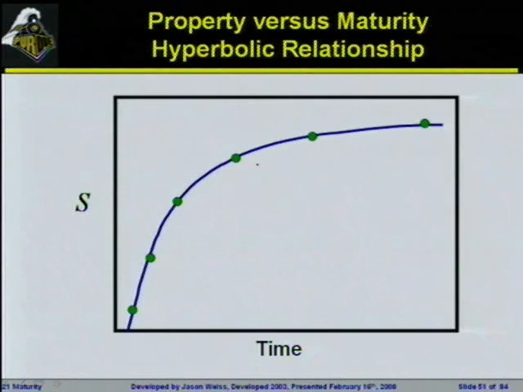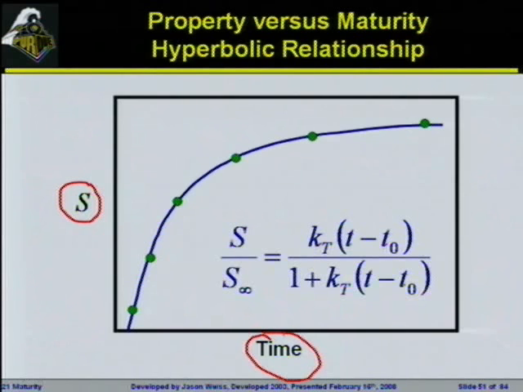Here's a fit of the hyperbolic equation to a few different points. Again, you can see the strength term on our y-axis, time plotted on our x-axis. The hyperbolic equation now magically appeared on the screen. And we have our infinite value of strength, the long-term value, and we'll describe how we get that in a couple seconds.